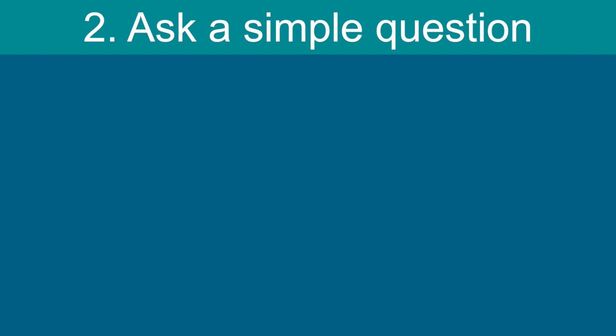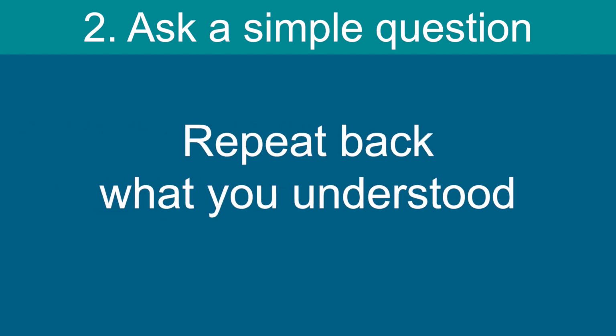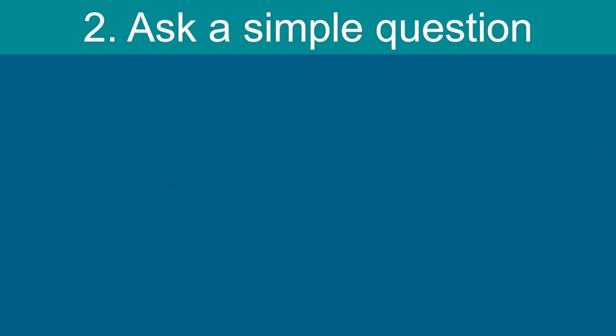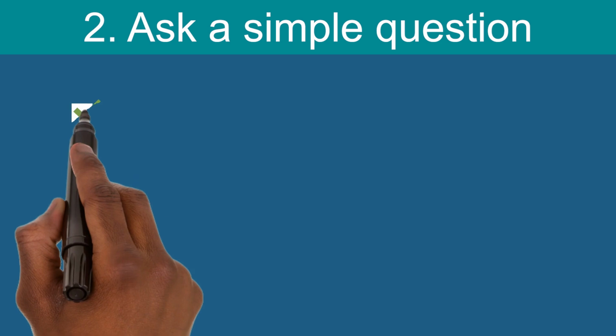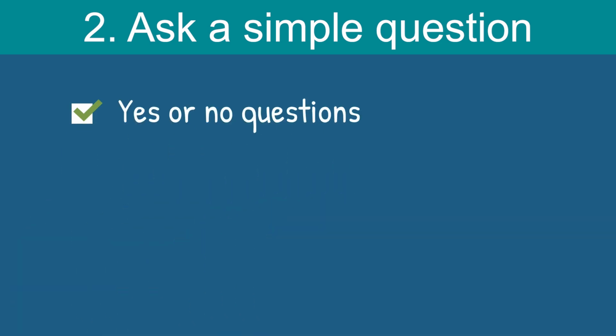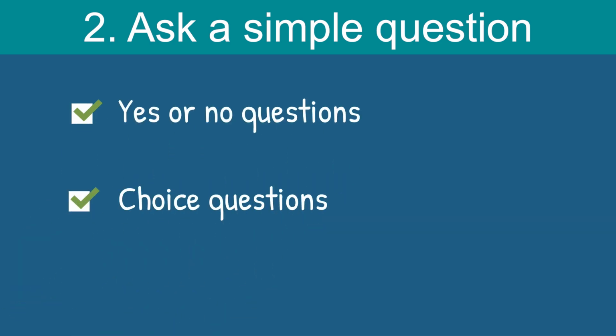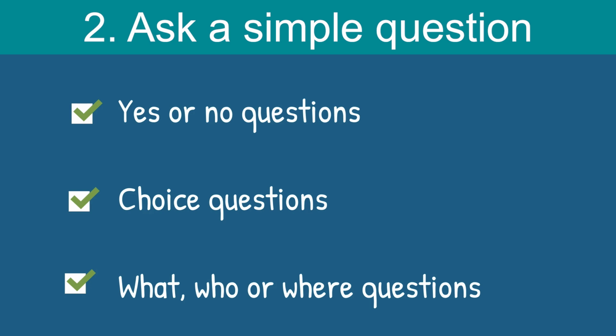When you are going to ask a simple question, you can also start by repeating back what you've understood. Like, you want to go where? Remember, simple questions include yes/no questions, choice questions, and what, who, and where questions.